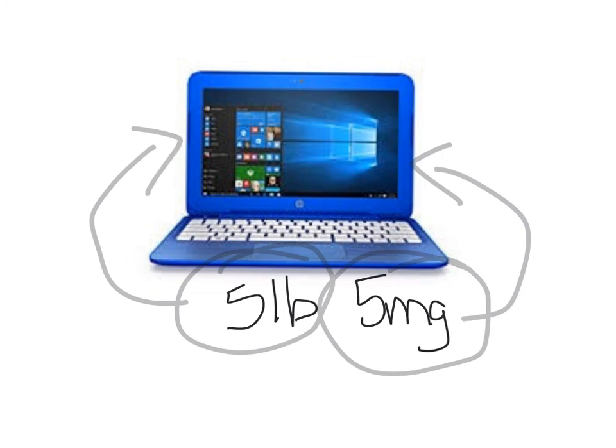Well, thinking about the different objects that we had, for a milligram, I chose medicine. And for pounds, I chose a pound of meat. So thinking about how heavy that laptop is, it would make more sense if that laptop was 5 pounds. 5 milligrams would be tiny, tiny, like powdery little dust.